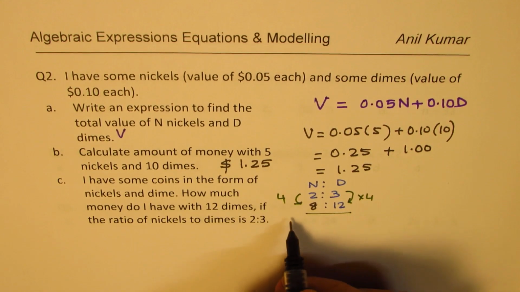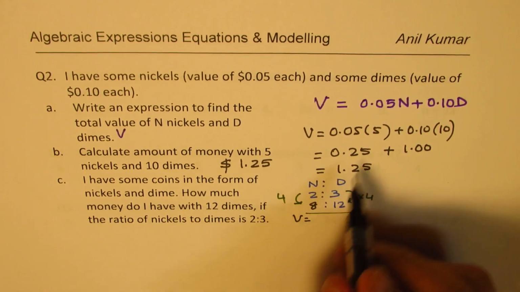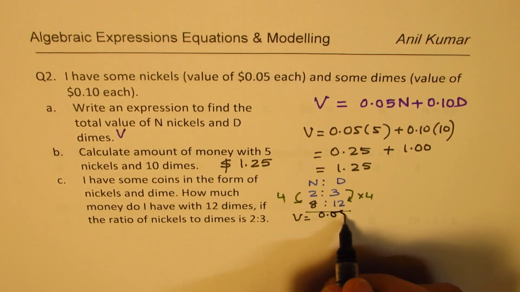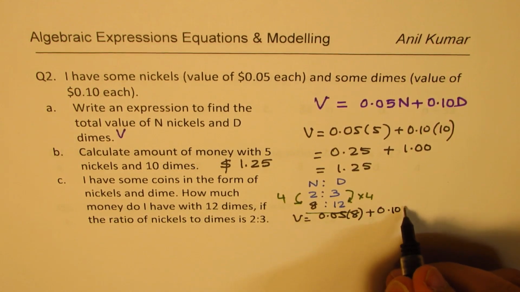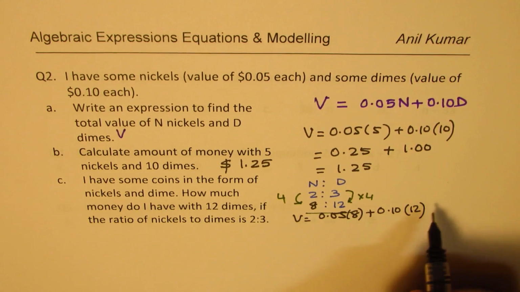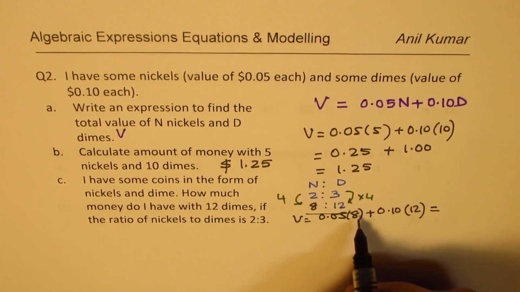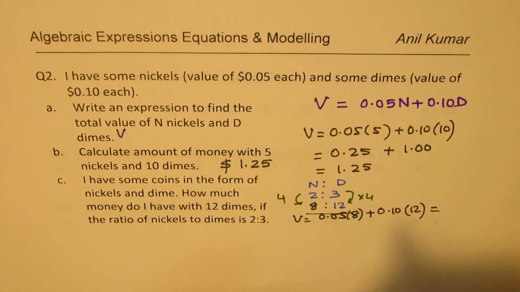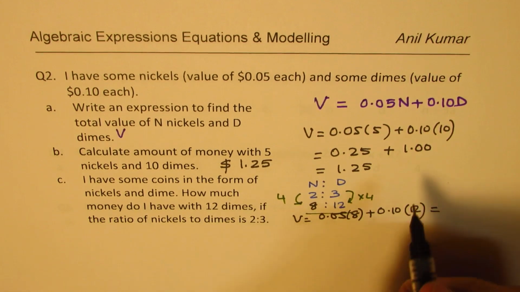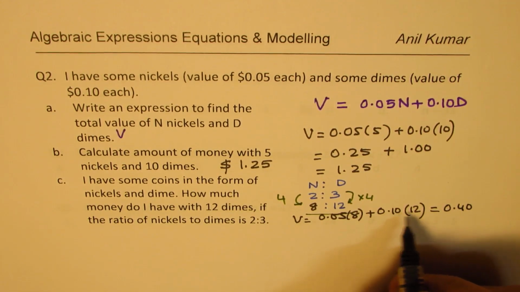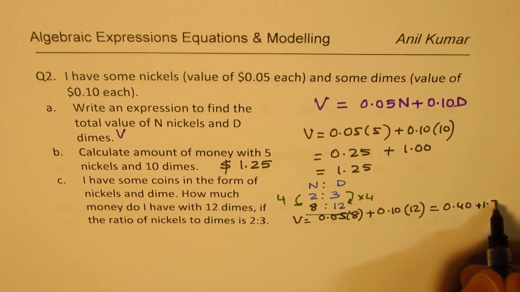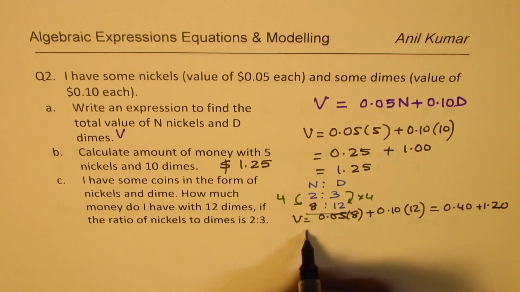So the value this time is, we'll calculate with 8 nickels, 0.05 times 8 plus 0.10 times 12, right? So that gives you 8 times 5 is 40, so we get 0.40, and here we get 1.2, which you can write as 1.20.